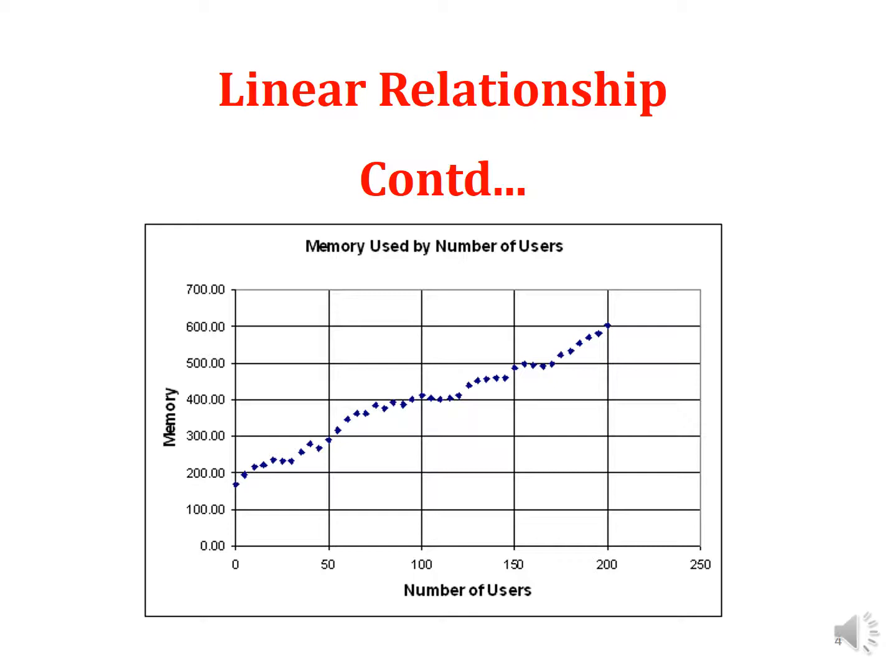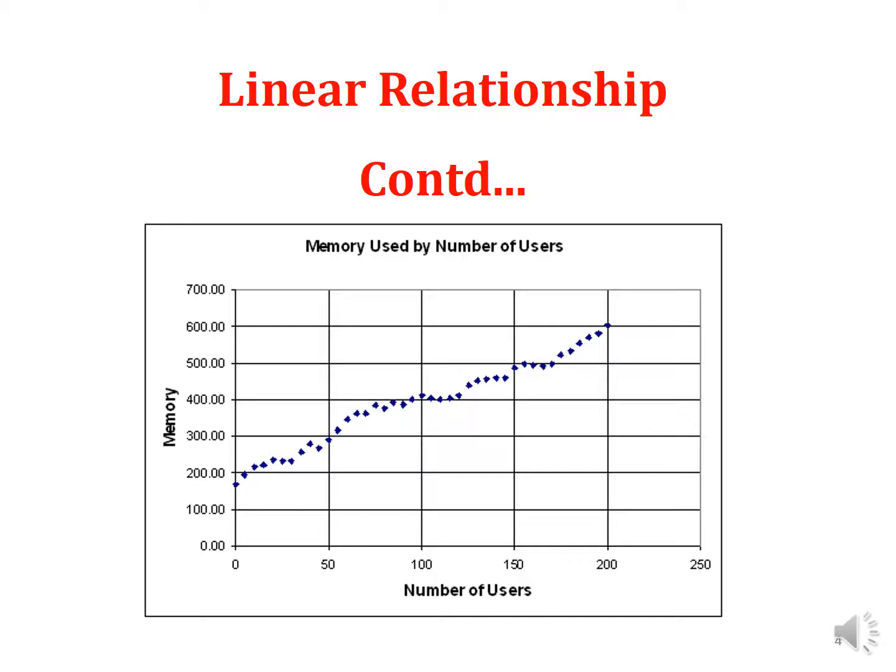There is another example of a linear relationship, that is the memory used in a computer system. Assume that it's a multi-user system where a number of users can log in simultaneously. Each user will require some memory for solving his problem. So when each user logs in, some amount of memory is allocated to the user.